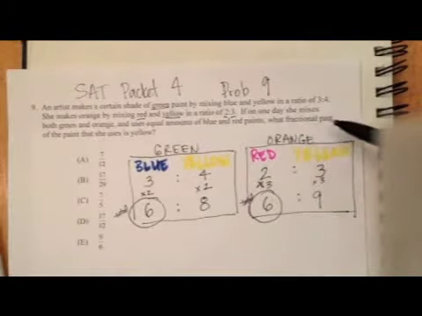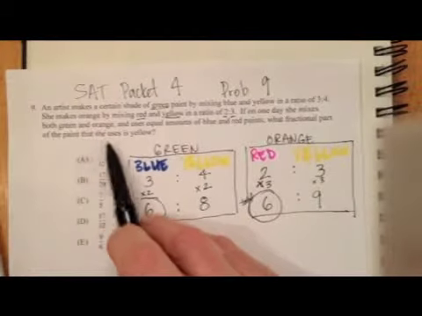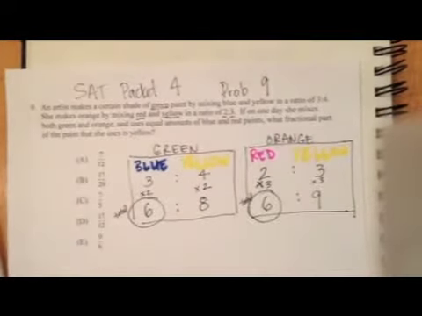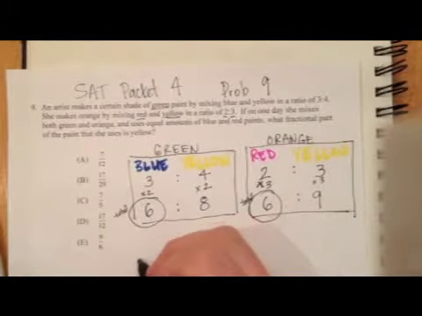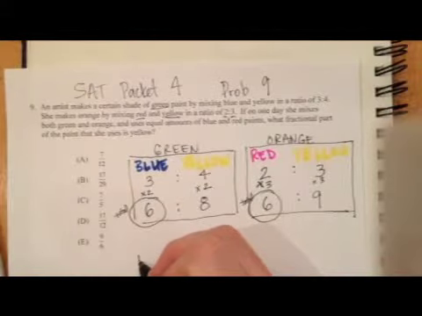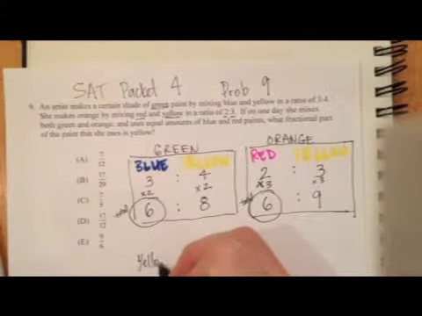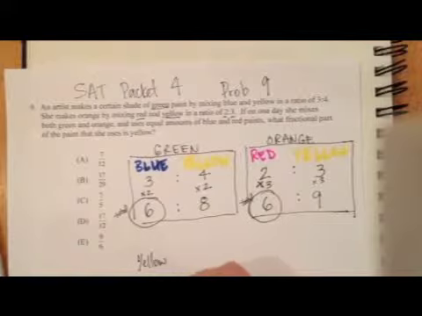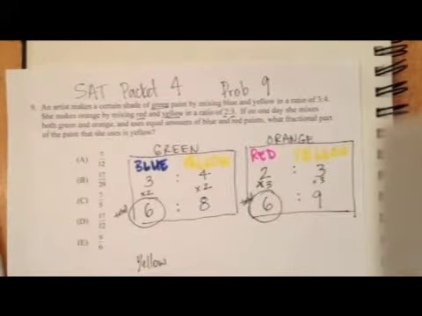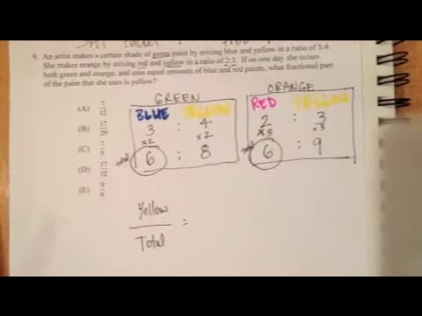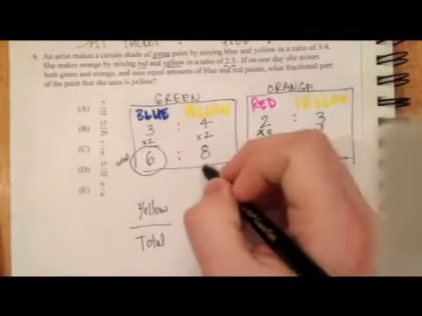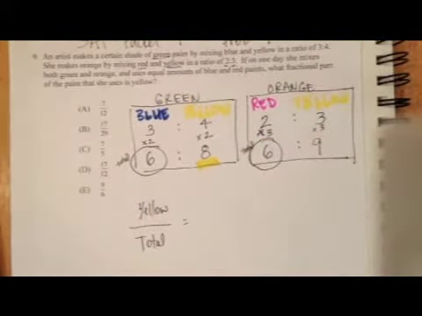It says, what fractional part of the paint that she uses is yellow? Well, let's see. How many parts of paint did she use altogether? We want to think, what part is yellow, divided by the total. The yellow part, this is yellow, and this is yellow.